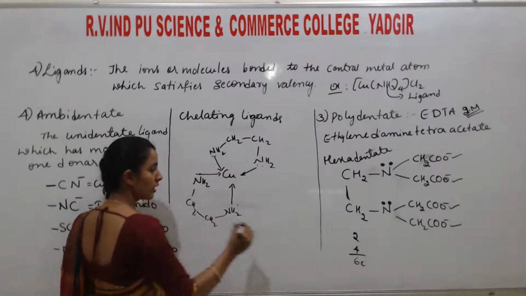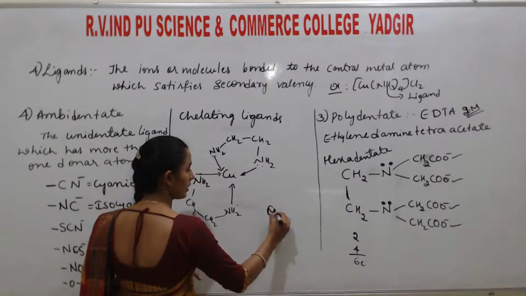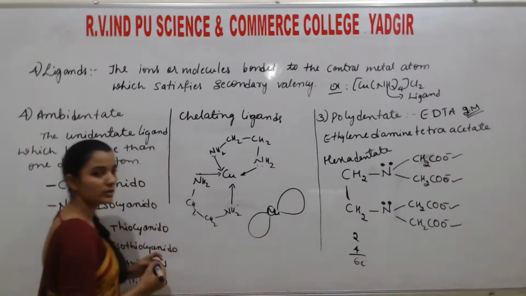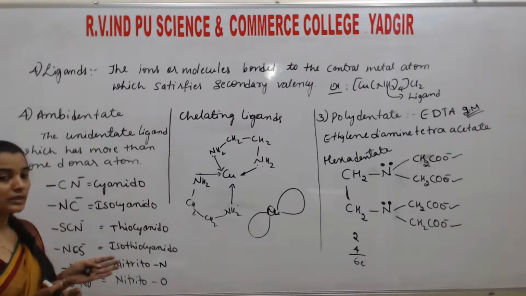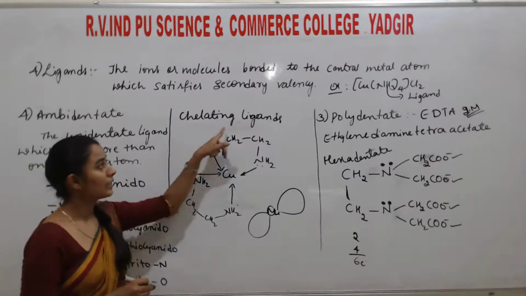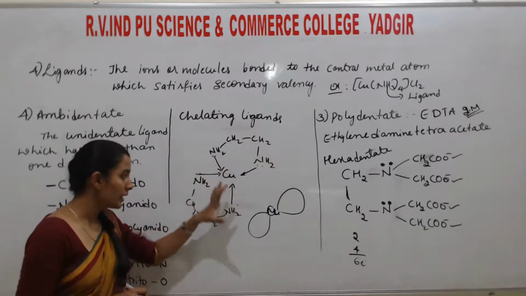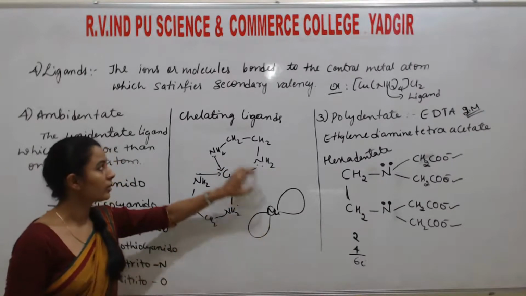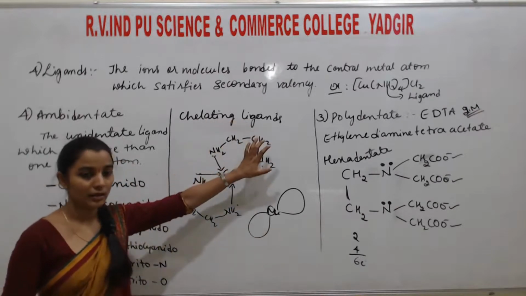Correct, students? So if it is a metal, copper, then it forms a ring-like closed structure, means an enclosed structure. That enclosed structure is nothing but a chelating structure. The ligands which form an enclosed structure with the central metal atom are called chelating ligands.